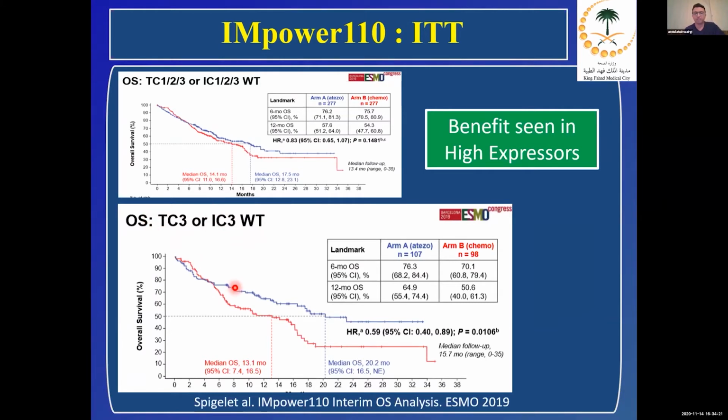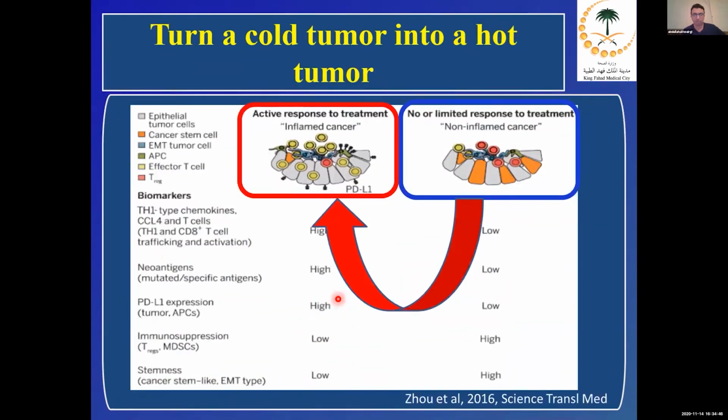So what we have seen here is that if you select those patients who have a high PD-L1 expression and you treat them with a single agent checkpoint inhibitor in the form of atezo, you can achieve a higher survival benefit. That's almost double, with a hazard ratio of 0.59, suggesting that single agent is superior to chemotherapy in such a patient population.